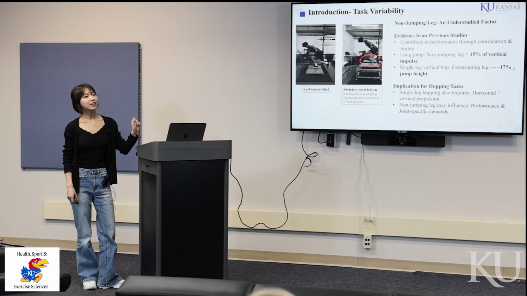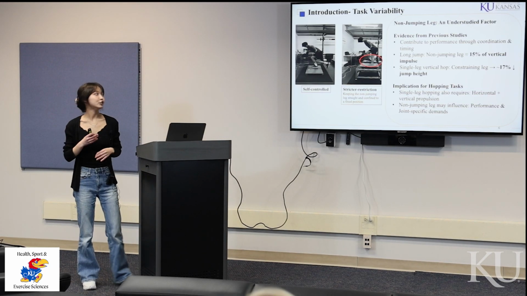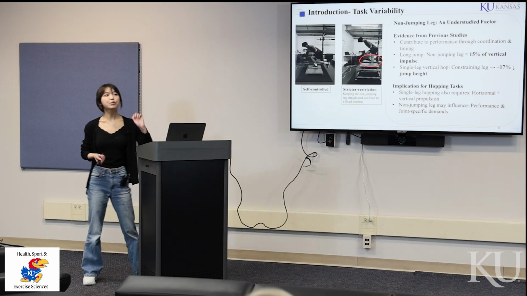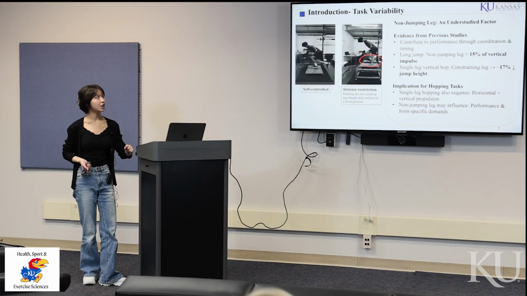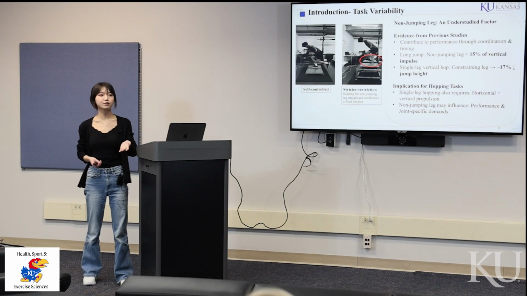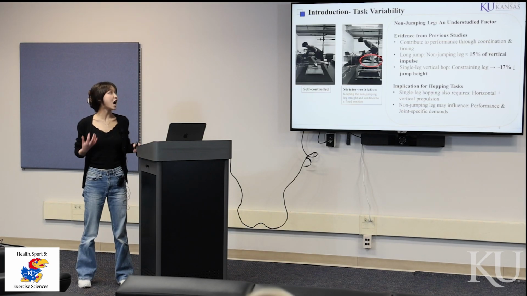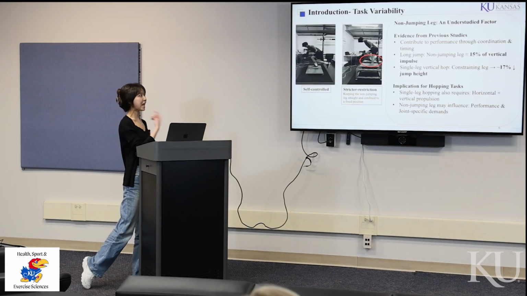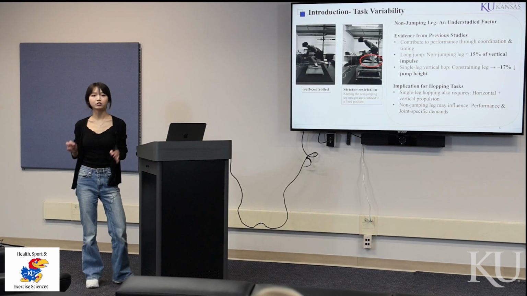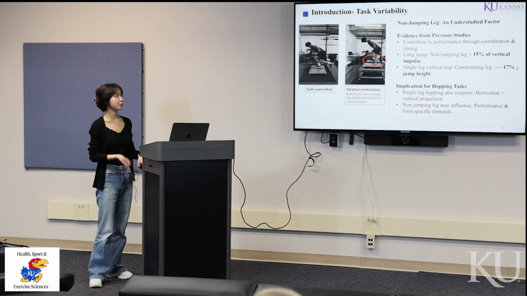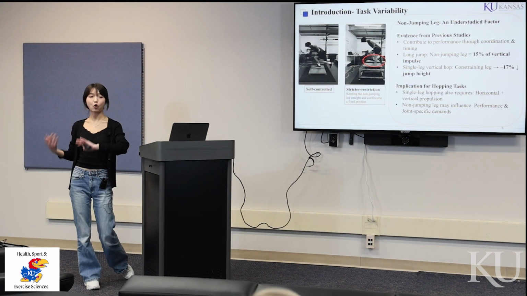However, the non-jumping leg is still an understudied factor. We did a literature review, and we found the non-jumping leg does work. It will contribute to the hop performance through coordination and timing. In addition, in long jump, the non-jumping leg contributes around 15% of the vertical impulse. It will contribute to greater hop performance.